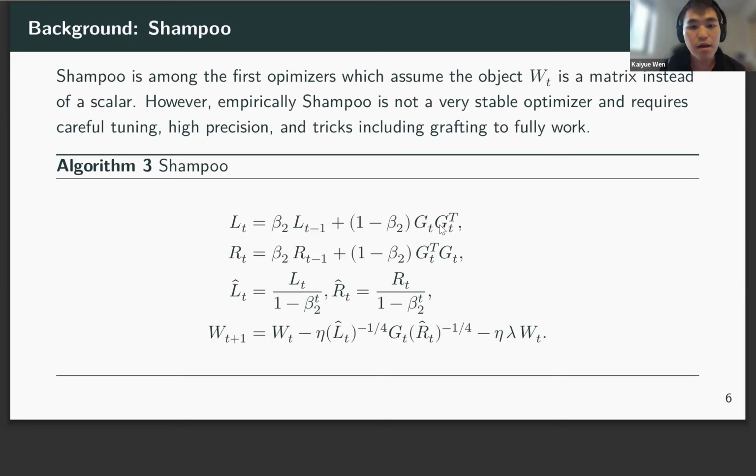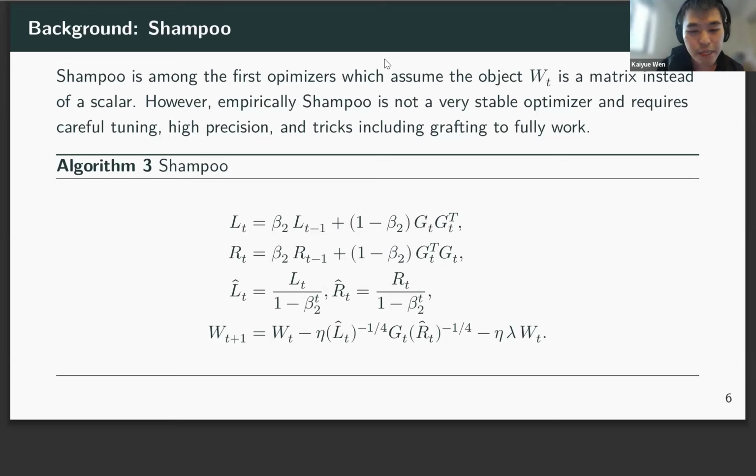What Shampoo does is essentially maintain two momentum terms, which are the outer products of the matrix GT, and then in the final output it computes the negative 0.25 power of LT and RT and multiplies them on both sides of GT. There's a fairly fundamental theoretical reason to do this: it is the Kronecker product version of Adagrad.